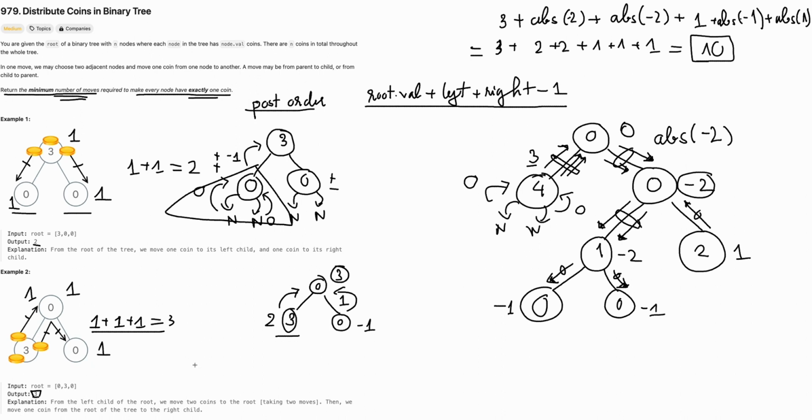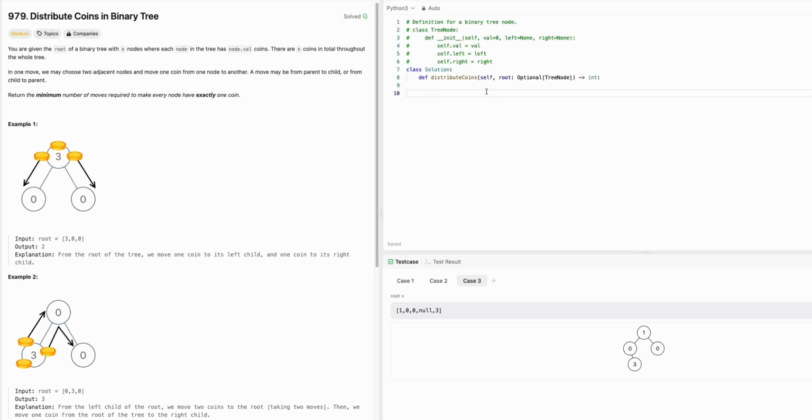Okay, so let's write the code on LeetCode first. Okay, so in here, I will use the DFS, and then we will have root, and we have min moves, right? And for the min moves, we define the base case.